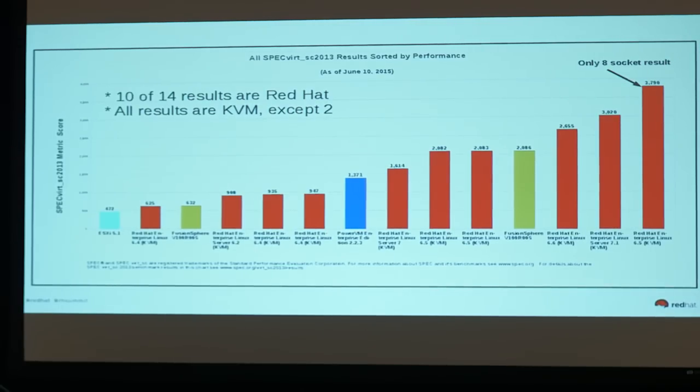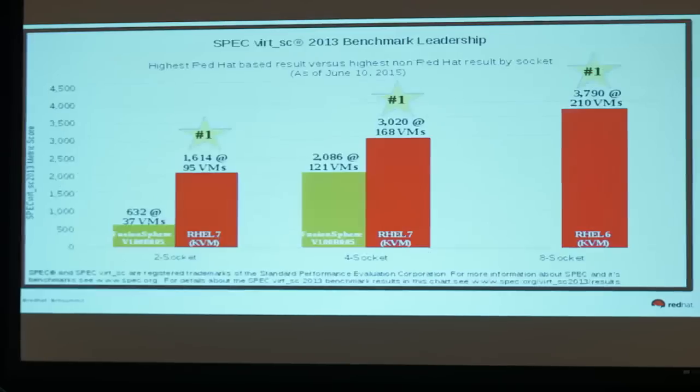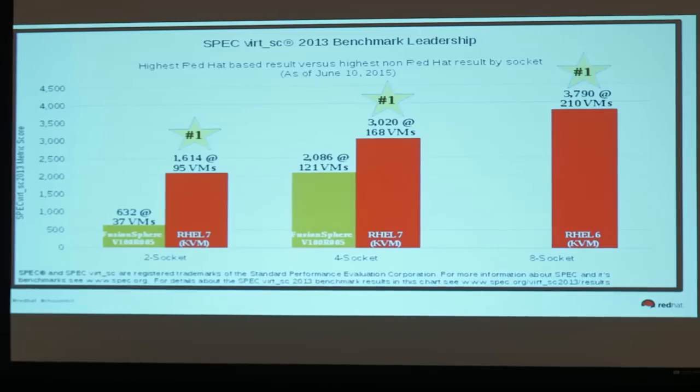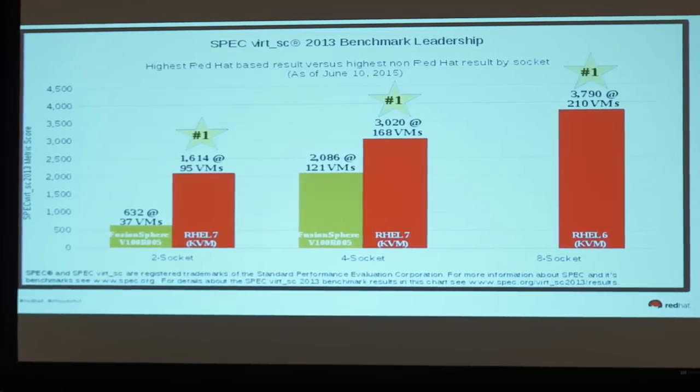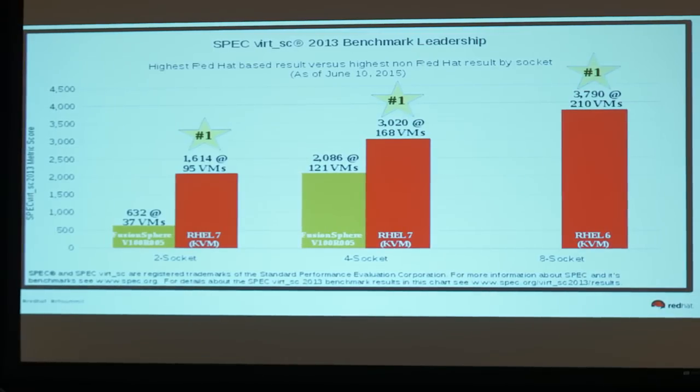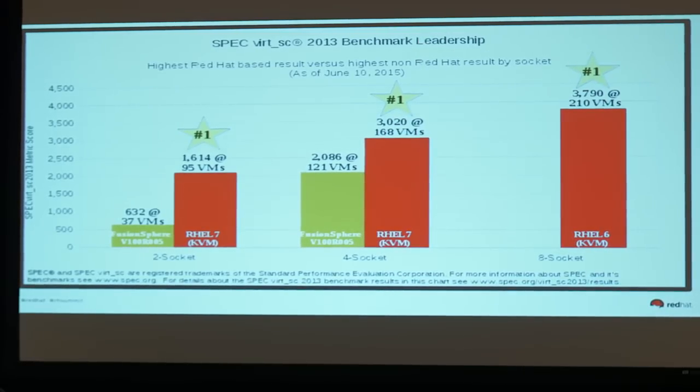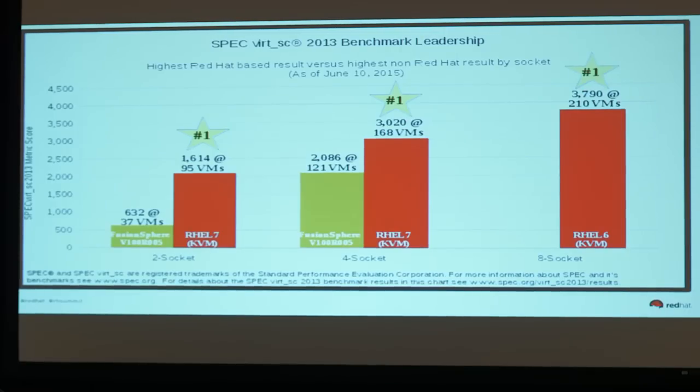So they did the big 8-socket result with RHEL 6. And actually, the next slide, I think, zooms in a little better on that. So you see that RHEL 7 actually has the best 2- and 4-socket results, and RHEL 6 has the only 8-socket result. But we're number 1 across the board with this benchmark.